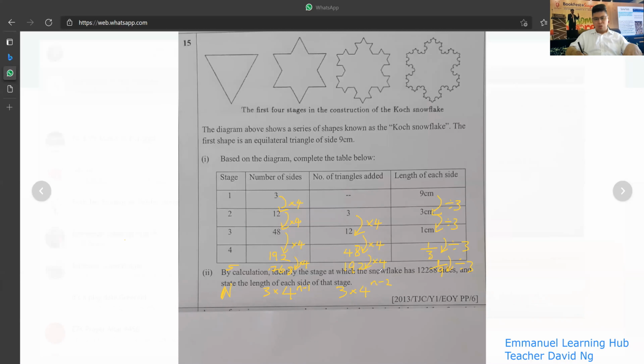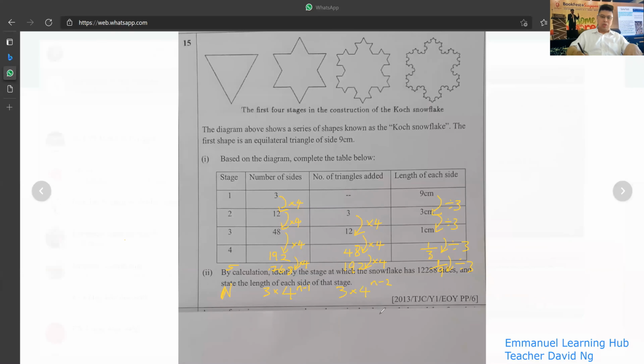Let's say stage 5. 5 minus 2 is 3. 4 to the power 3 is 64. 64 times 3 is 192. It holds water. Stage 5 approved this formula.